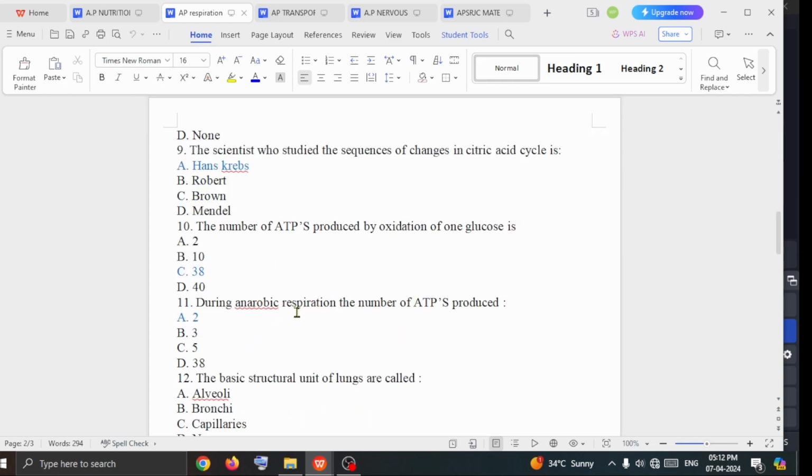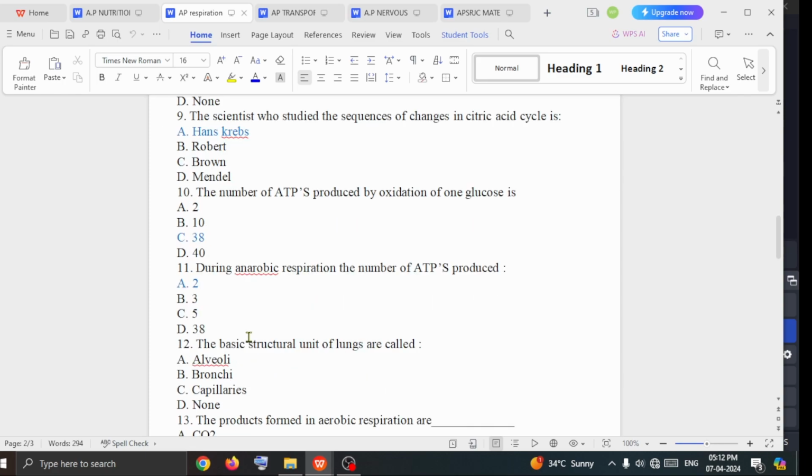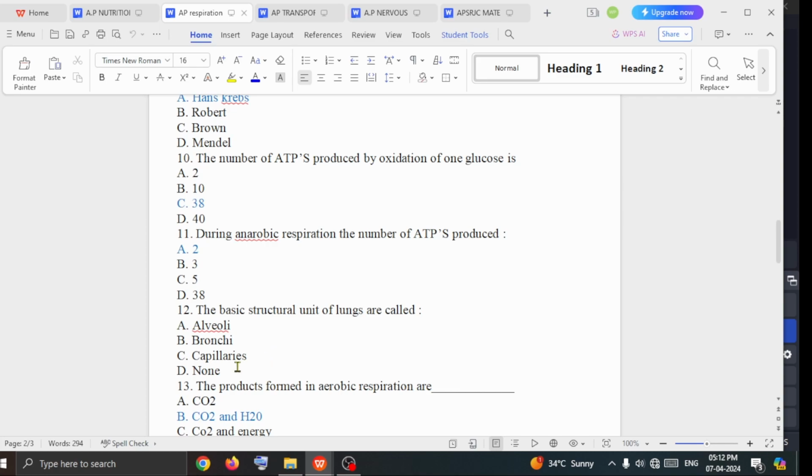Next, during anaerobic respiration, the number of ATPs produced is: option A, 2. Option B, 3. Option C, 5. Option D, 38. It's 2. The basic structural unit of lungs is called: option A, alveoli. Option B, bronchi. Option C, capillary. Option D, none of these.